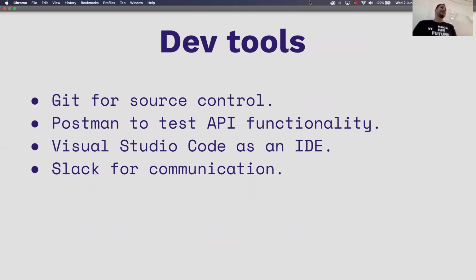And here are some dev tools: Git for source control, Postman to test the API functionality, of course Visual Studio as an IDE, and Slack for communication.